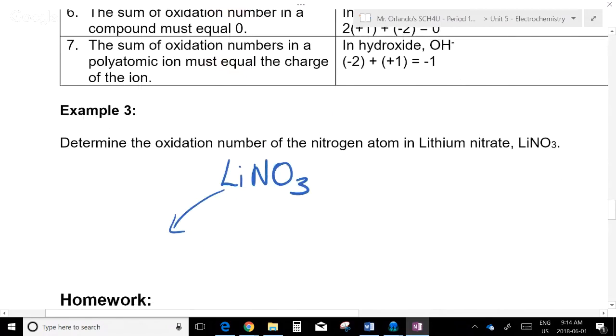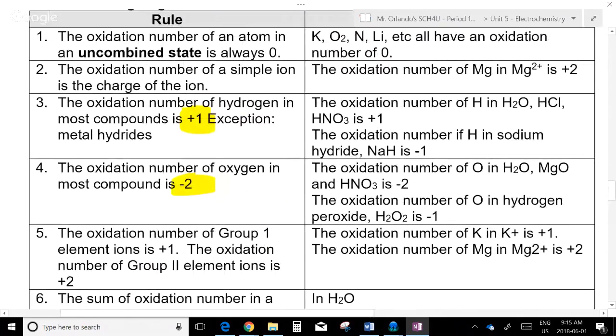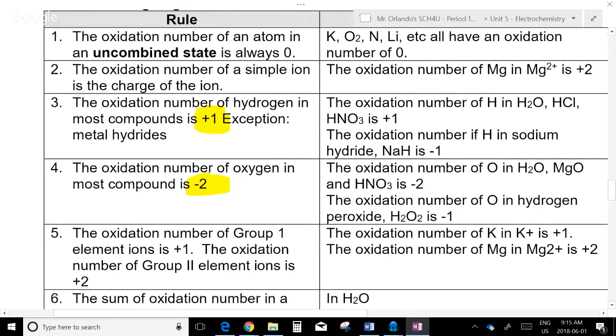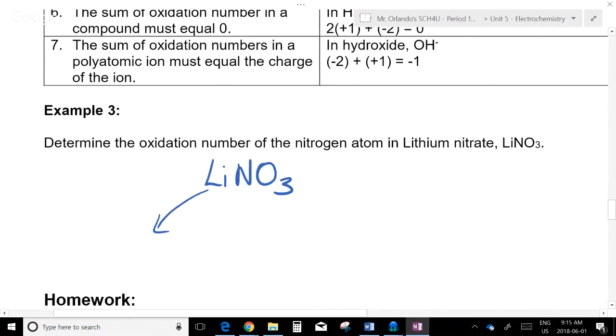Does that apply here? Do we have any atoms in an uncombined state? No, this is a compound. What's rule 2? Simple ions, right? But this isn't a simple ion, it's a compound. So now we have to follow through here.